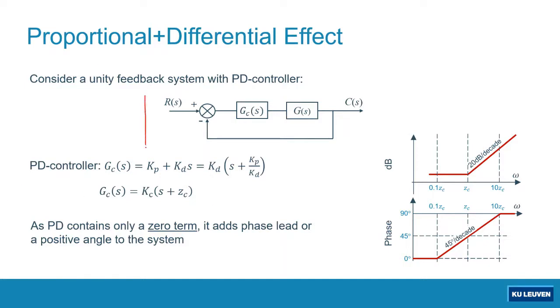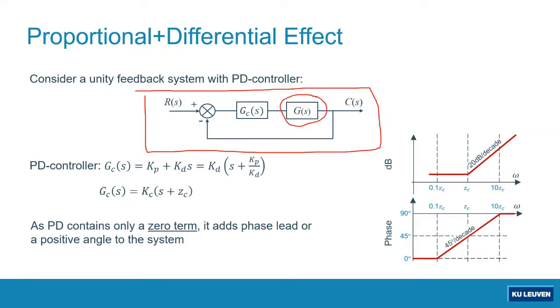We have a unity feedback system where G(s) here is the system that we want to control, the system where the performance is going to be improved by introducing a controller Gc here.